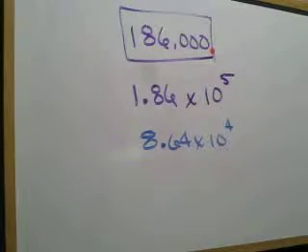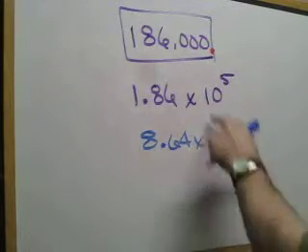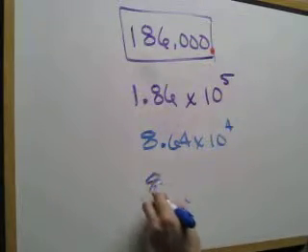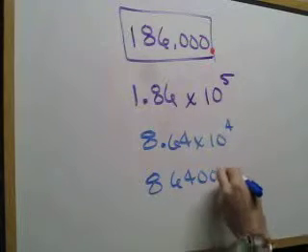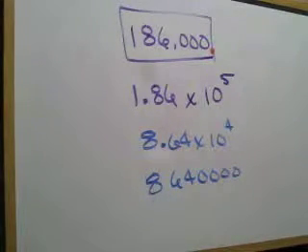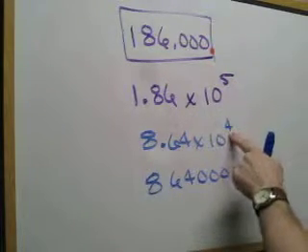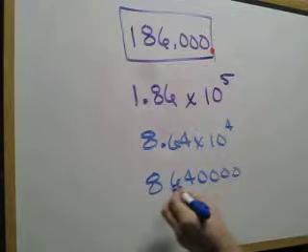Example 2, bottom of page 649. Write 8.64 times 10 to the 4th in standard form. So what we're going to do is we're going to take our 8 and we're going to just stick a bunch of zeros on here because I'm not sure how far we're going to go yet. But this says that in order to go back to what it's supposed to look like, I'm going to have to move this decimal this way 4 places.